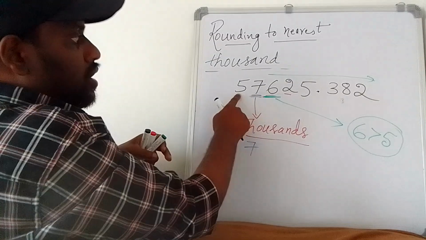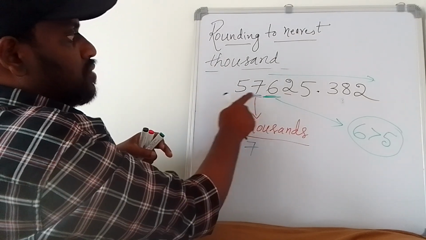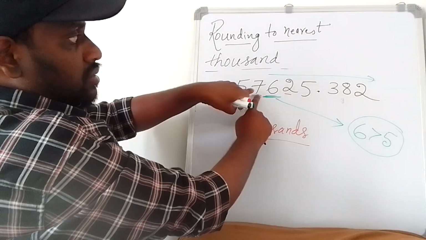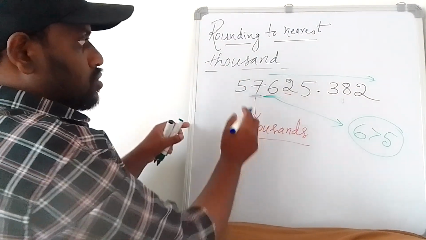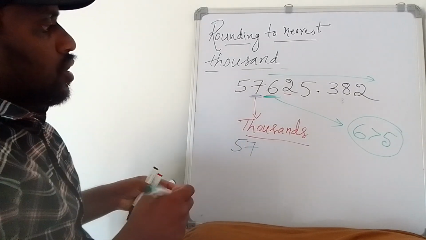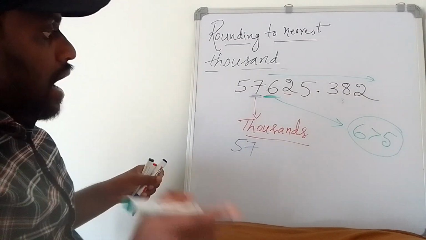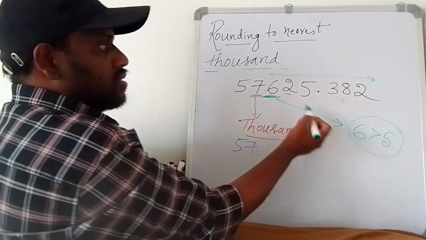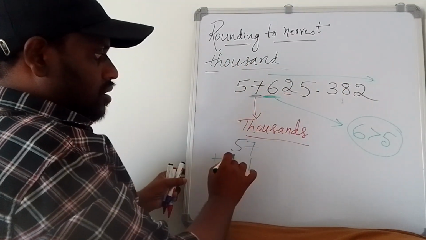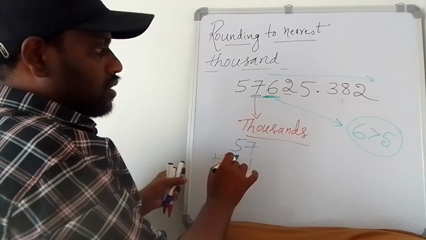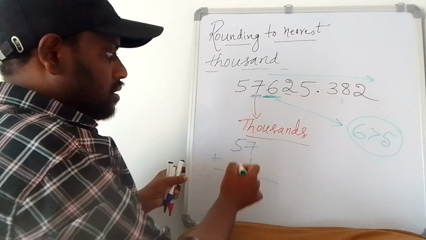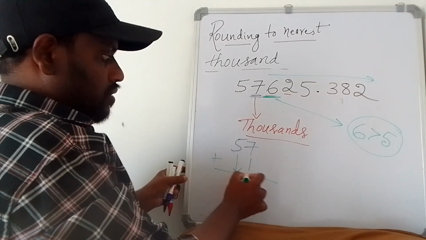So here 5 is there, only one digit is there before 7. So this digit 7 and the digits before this 7, you have to take all down. So this 5 also you have to take here. Okay. Now you have to add 1 to this 7 because this 6 is greater than 5, plus 1 here, not here. Okay, don't confuse. Now 7 plus 1 is equal to 8. This 5 will be as it is, 58.